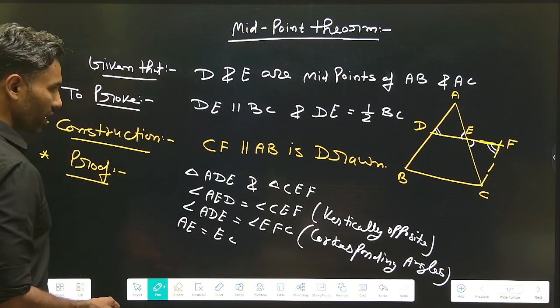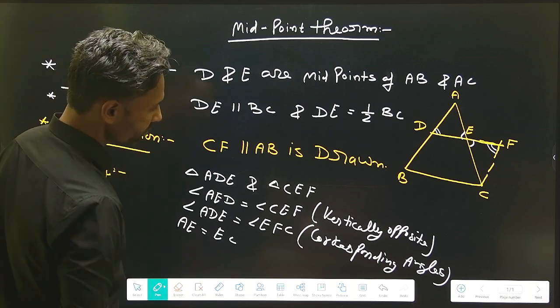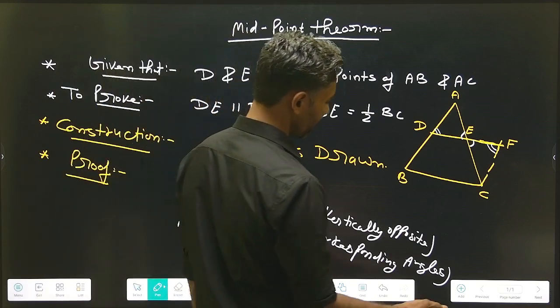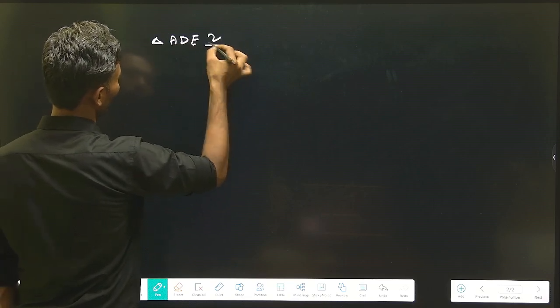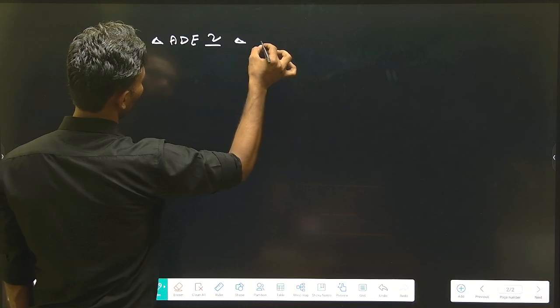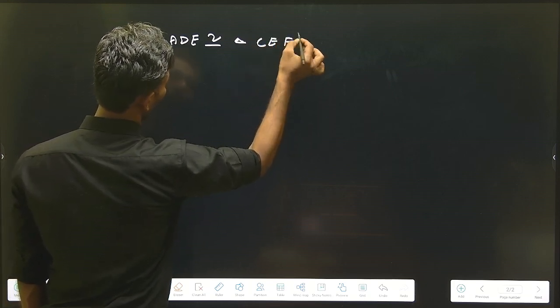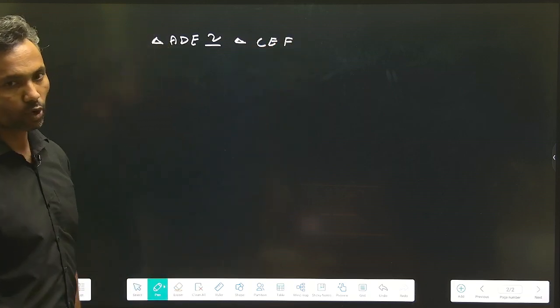So I'm writing on the next page. We can say that triangle ADE is congruent to triangle CEF. These two triangles are congruent.